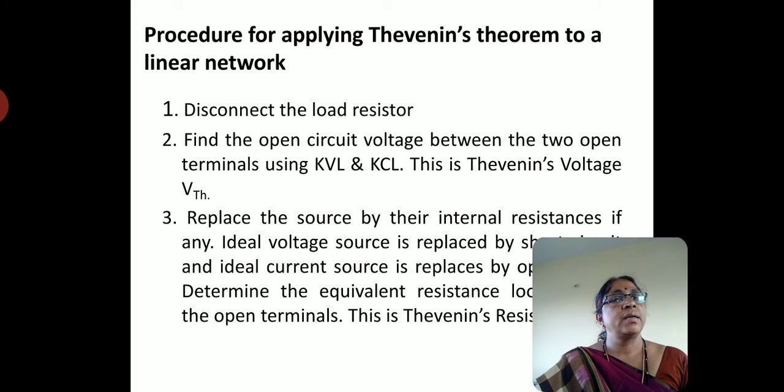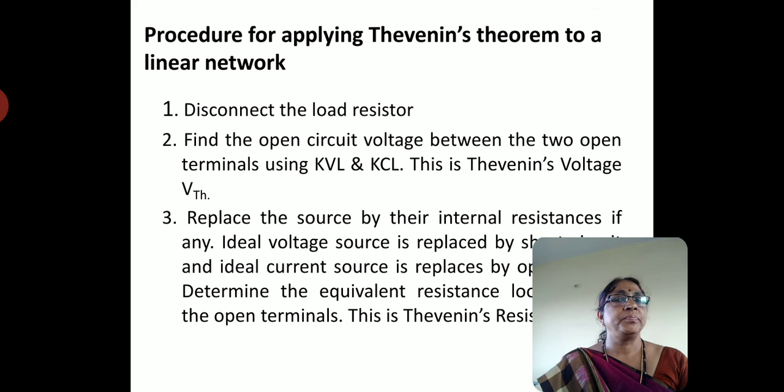The second step is to find the open circuit voltage between the two open terminals, A and B, using KVL and KCL. This is the Thevenin's voltage, calculated by removing the load resistor at the output terminals A and B using KVL and KCL.